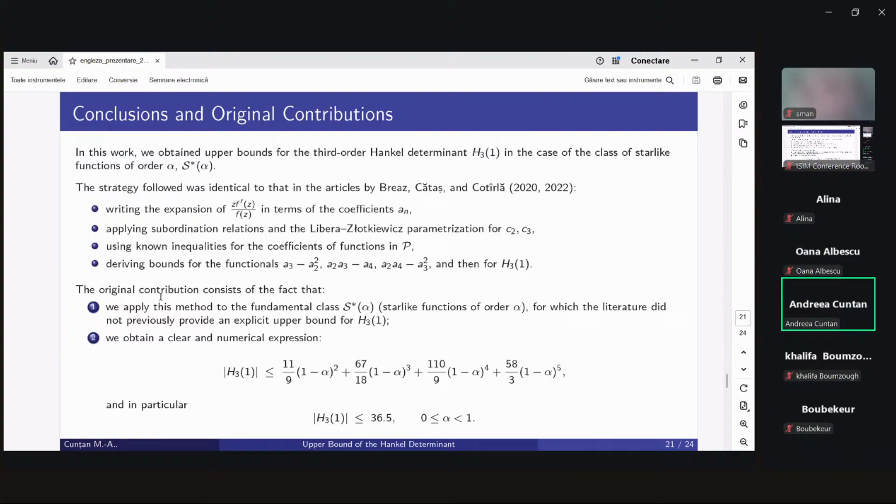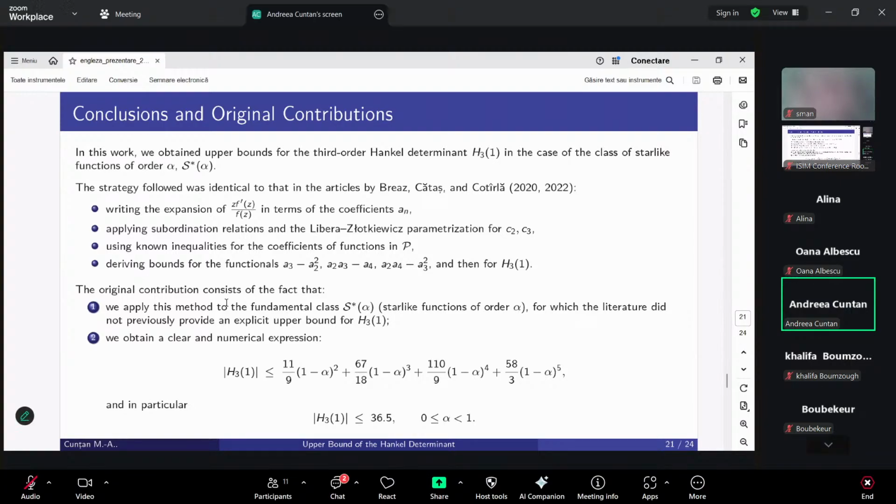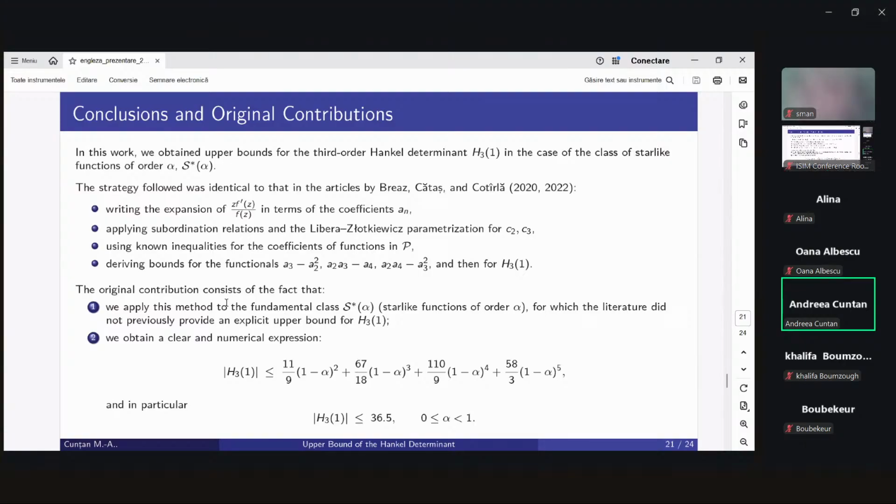The original contribution consists of the fact that we apply this method to the fundamental classes of star-like functions of order alpha, for which the literature did not previously provide an explicit upper bound for H3(1).